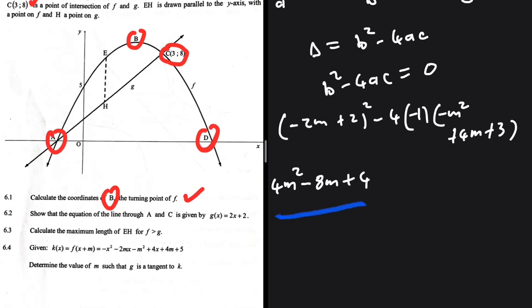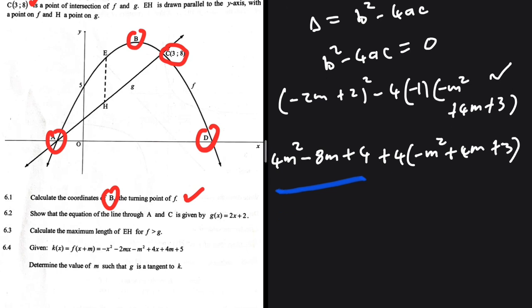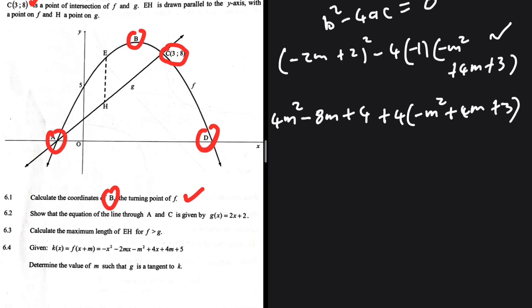And then minus 4 multiplied by minus 1, that will be plus 4, right? And then what about these? That is just minus m squared plus 4m plus 3. And then this is equal to 0.